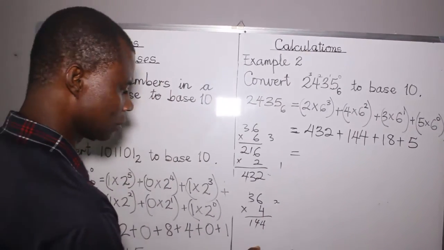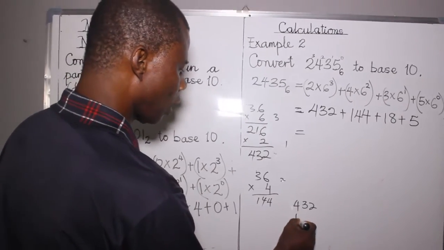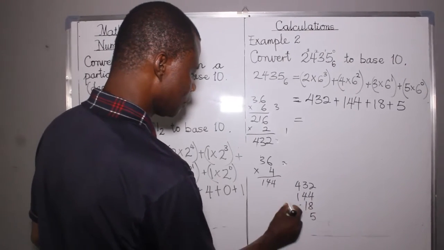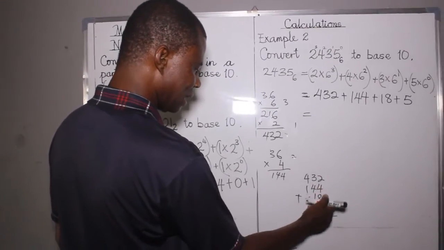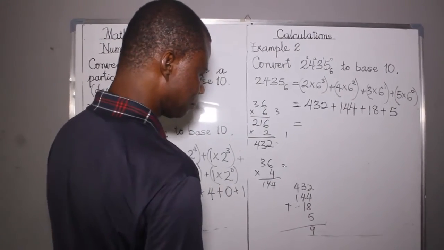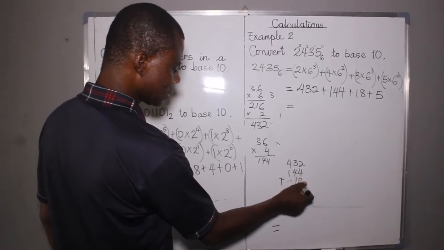We now have 432, 144, 18, and 5. Add them up. 5 plus 8 is 13, carry on forward.